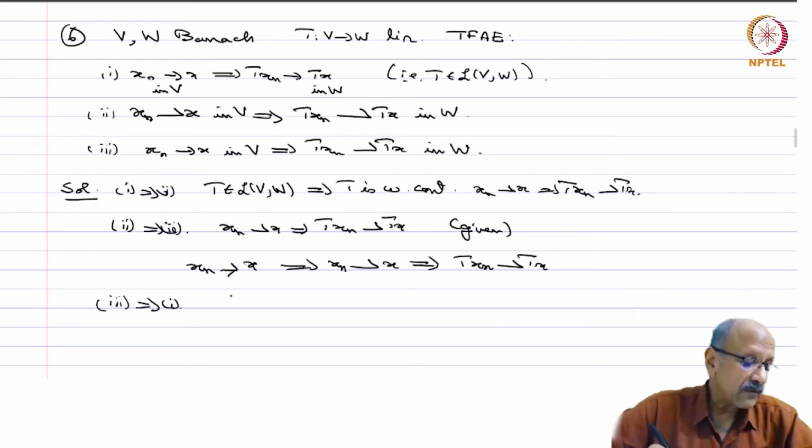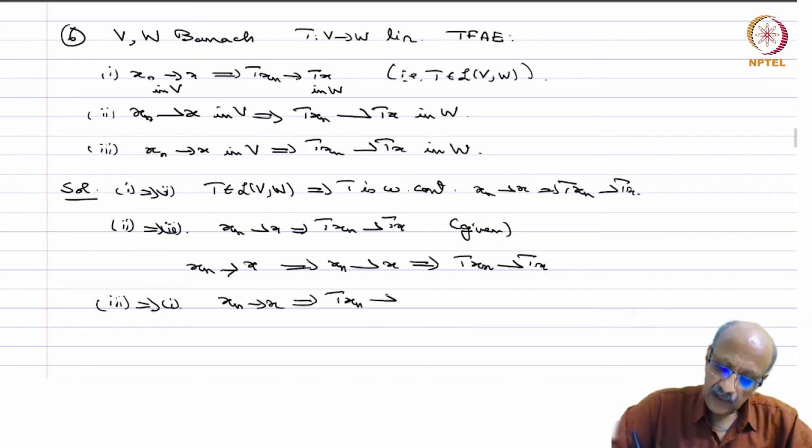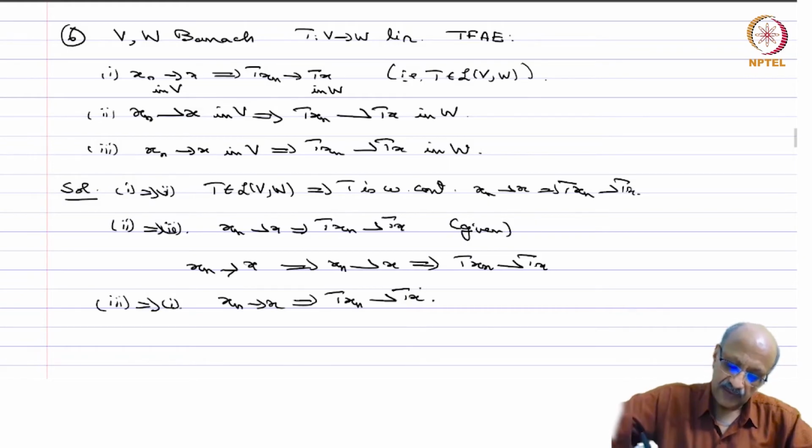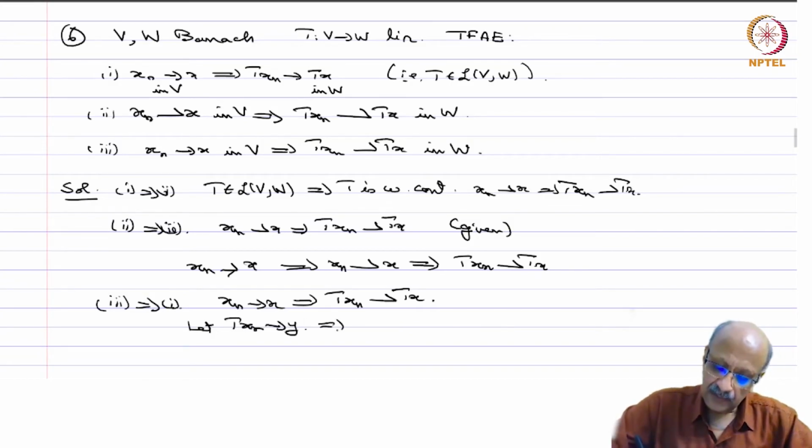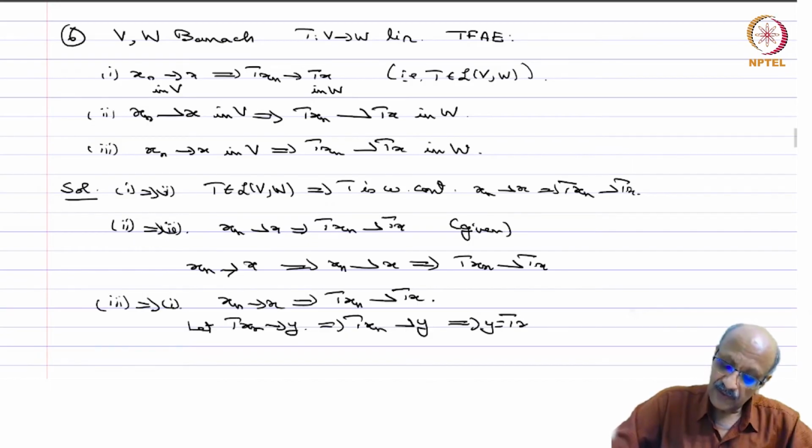So what is now given? Xn converges to X implies Txn weakly converges to Tx. So we want to show T is continuous. So let Txn converge to some Y. So this implies Txn weakly converges to Y, and the weak topology is Hausdorff, so Y has to be equal to Tx.